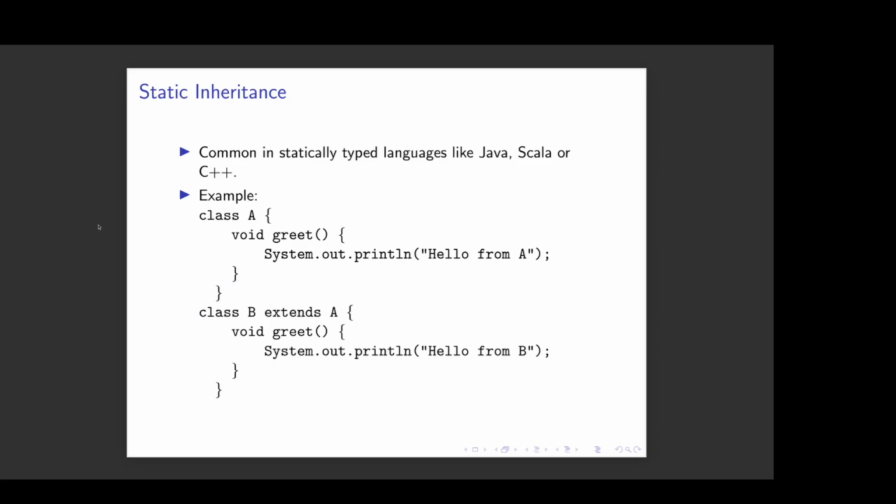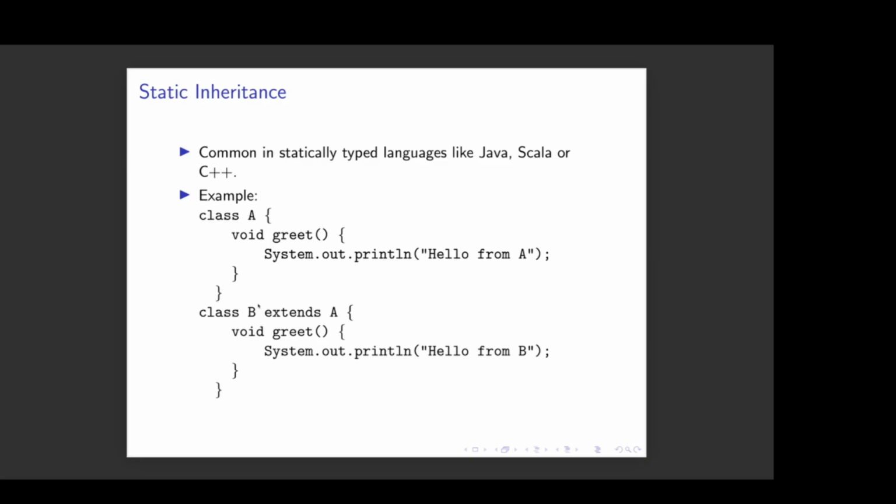So let's be concrete. Let's look at some programs. Let's look, for example, at this typical Java program here. Here we have a class A with a method greet. And then we have a class B, which extends A, so it's a subclass.